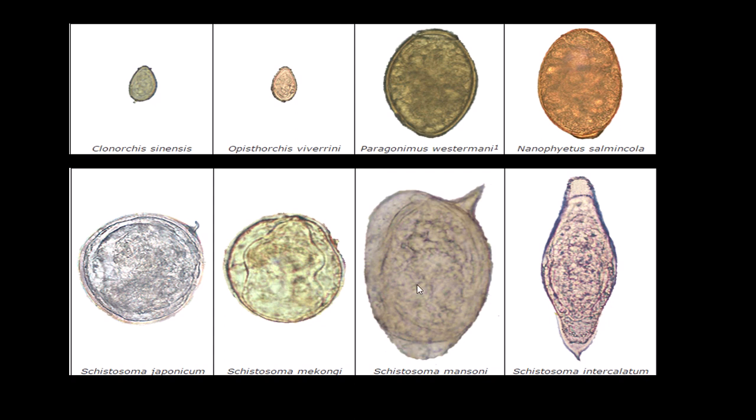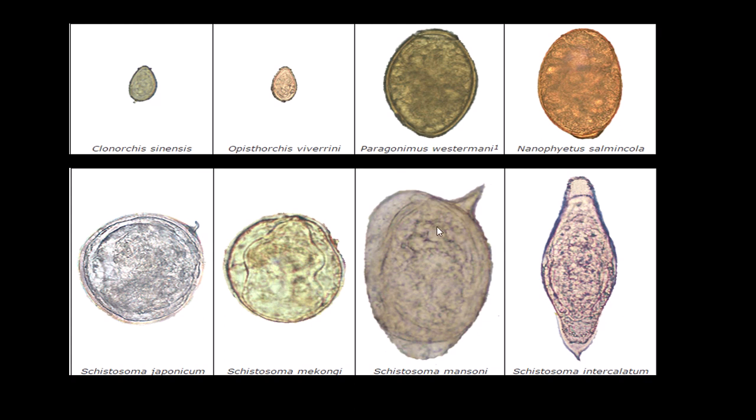It could be more than 80 micrometers in length. And the Schistosoma intercalatum also, and Schistosoma haematobium can be seen by the terminal spine, compared to Schistosoma mansoni, for example, that has a lateral spine.